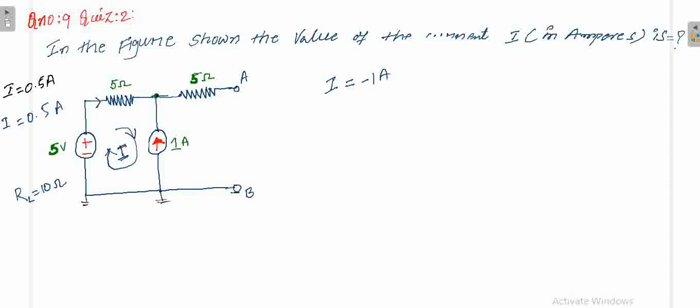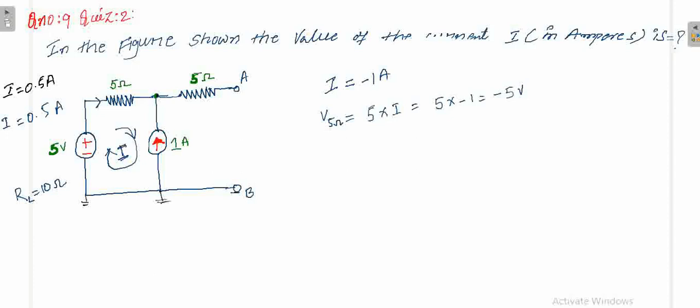So the voltage across 5 ohms becomes 5 into the current flowing through it, that is I. So 5 into minus 1, which is equal to minus 5 volts.